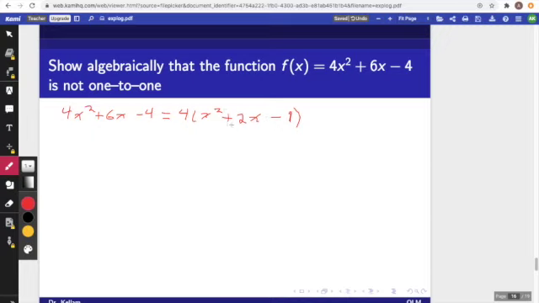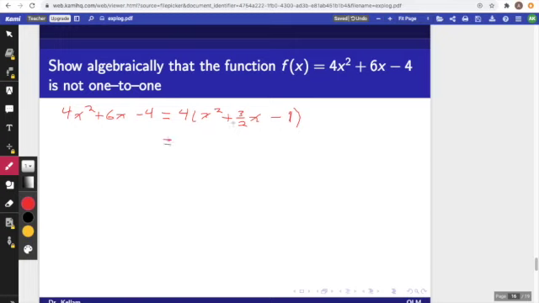Then we would have not 2x, but 6 divided by 4, which is 3/2. So we have this.